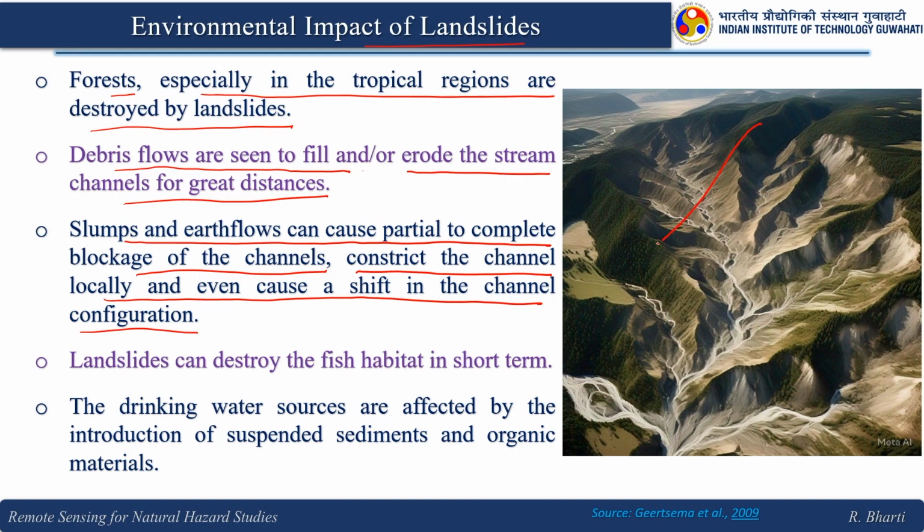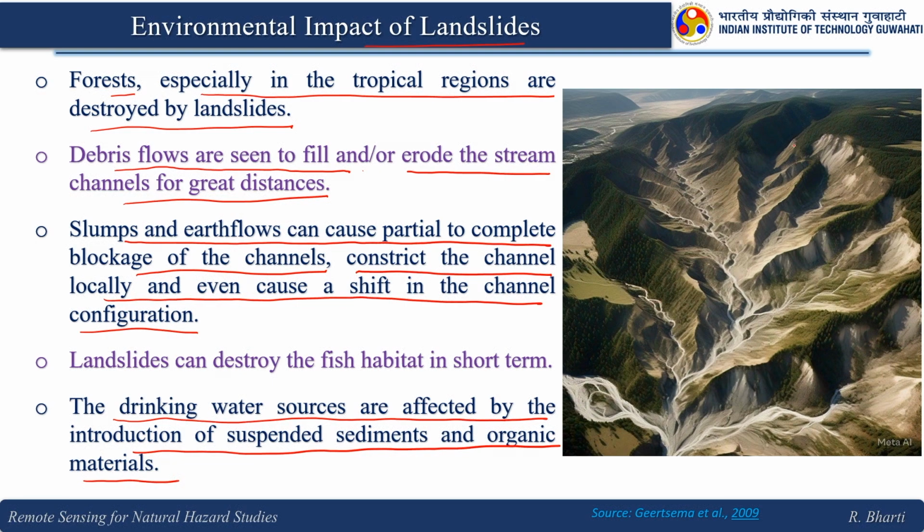So, there may be a modification in the channel pattern because of the blockage, right. So, there may be a new channel formation and that will change the topography of that particular area. Landslides can destroy the fish habitat in the short term. The drinking water sources are also affected by the introduction of suspended sediment and organic material.